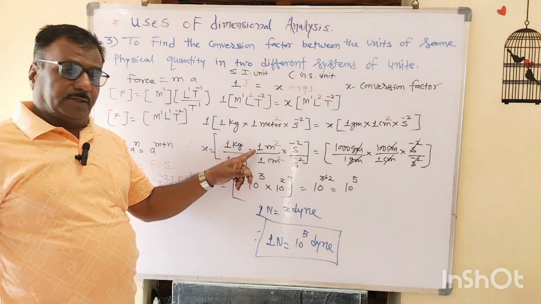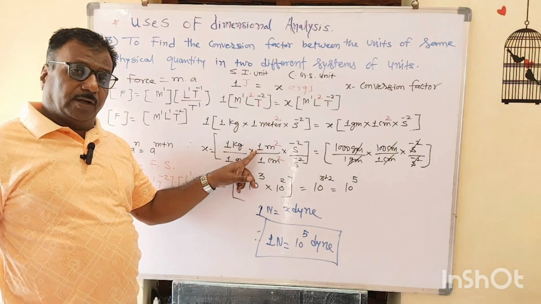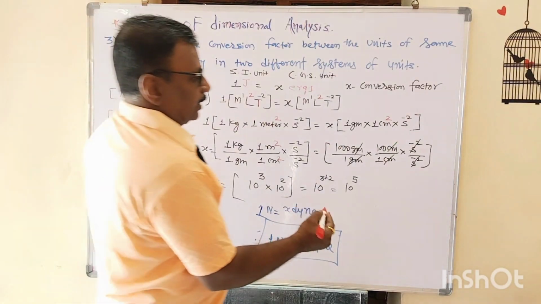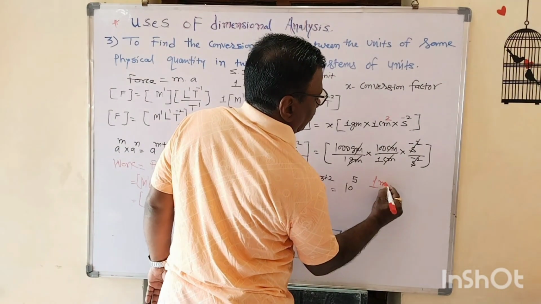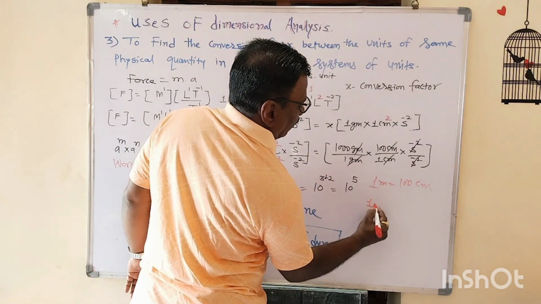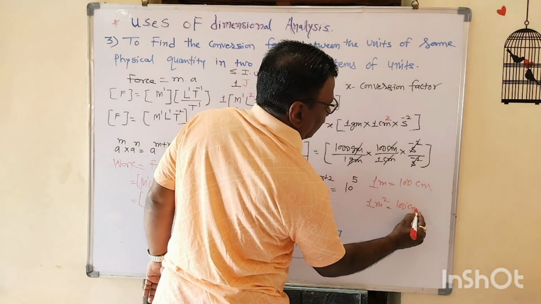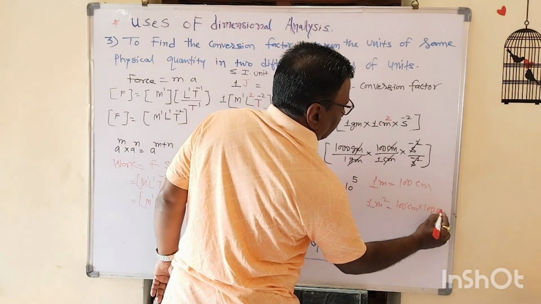Now we convert 1 meter square. 1 meter is equal to 100 centimeter, so 1 meter square is equal to 100 centimeter into 100 centimeter.